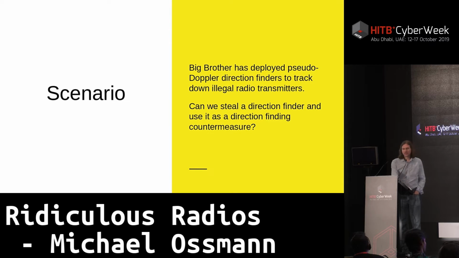So in our next scenario, we imagine that Big Brother has deployed pseudo-Doppler direction finders to track down illegal radio transmitters. They're hearing rumors that somebody is making illegal radio transmitters, and they're trying to find them. They're using a direction finding technique called pseudo-Doppler direction finding.